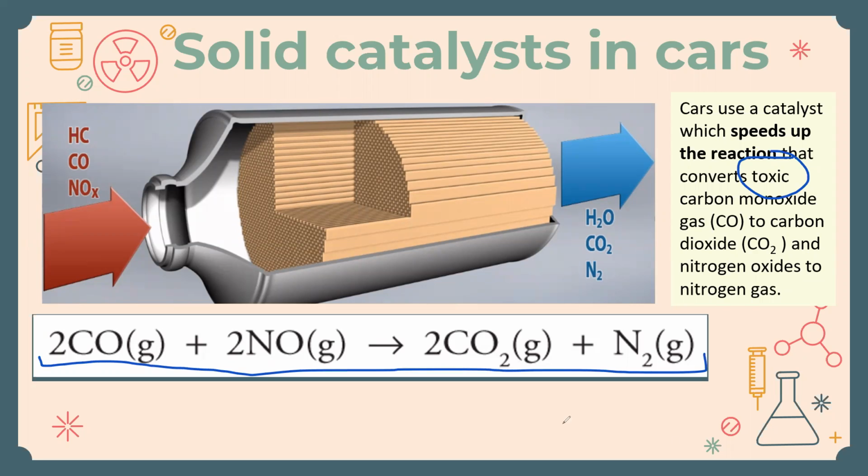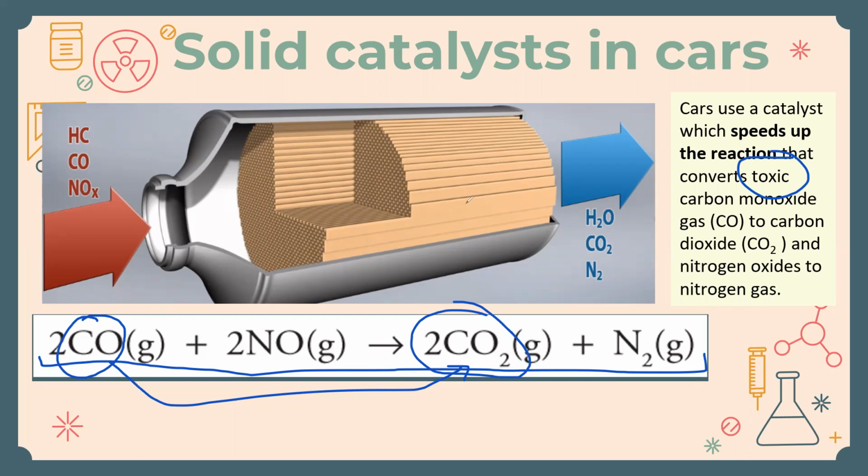So that's the basic idea: because a catalyst can speed up the reaction, it can speed up the rate at which the toxic carbon monoxide is converted into the safer carbon dioxide. So we don't just suffocate in our cars as soon as we turn them on. That poisonous gas doesn't get to our cells. So that's a practical application of a solid catalyst.